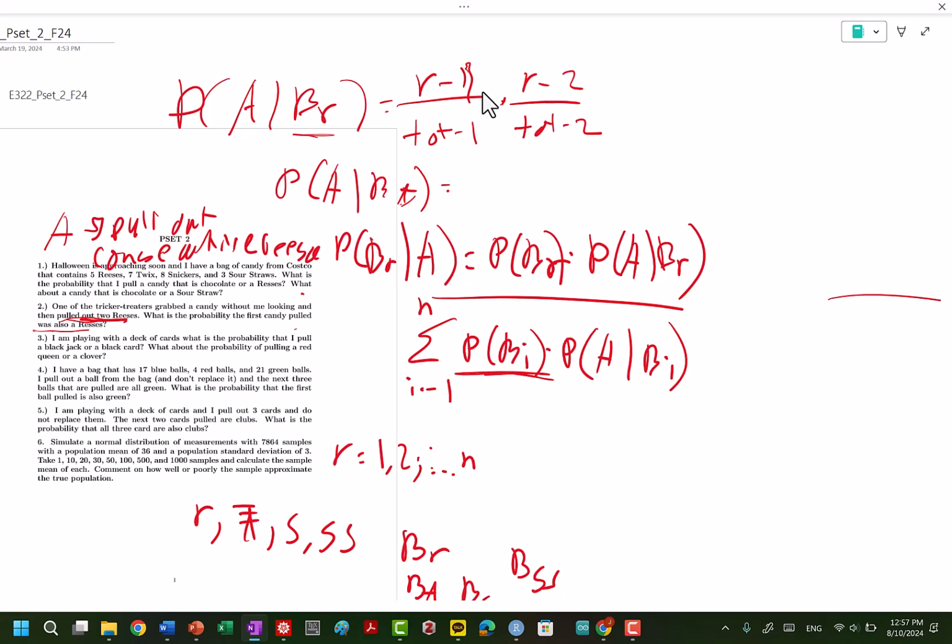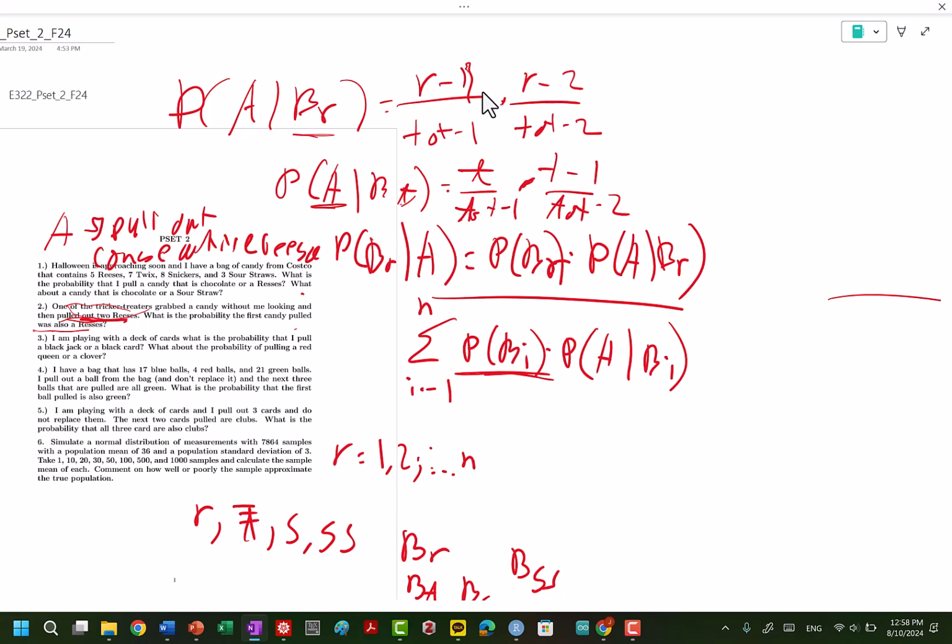I just want to make this notation a little bit clearer, but it'll be as such. So what's the probability that we pull out 2 Twixes now, instead of 2 Reese's, but still the first candy pulled was a Reese's? So now the probability will be Twix over total minus 1, times Twix minus 1 over total minus 2.